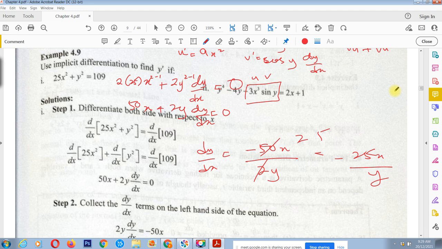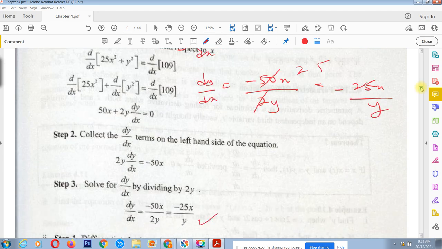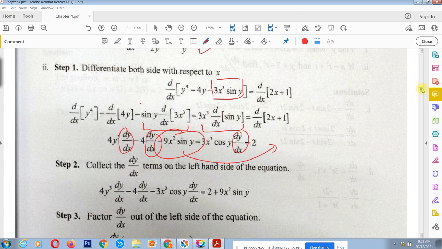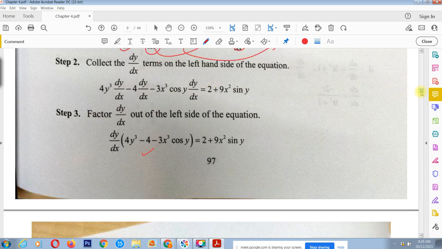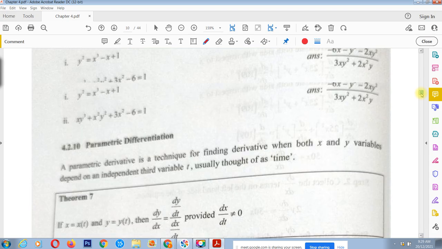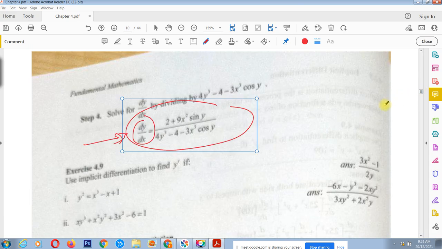So after you define that rule, write it properly, and then collect the dy dx. That's all. It's quite difficult because we need to deal with a lot of things before we can simplify the function. And make sure your handwriting is very good so that you're not confused by your own handwriting. Alright.